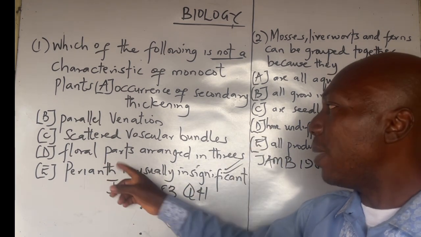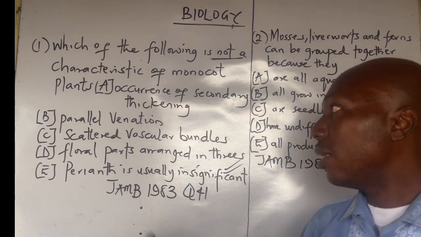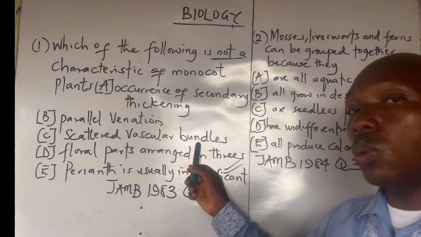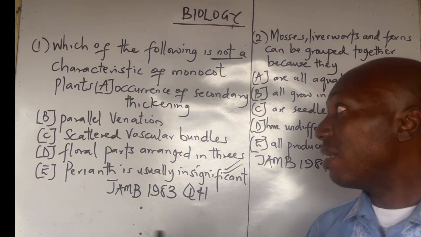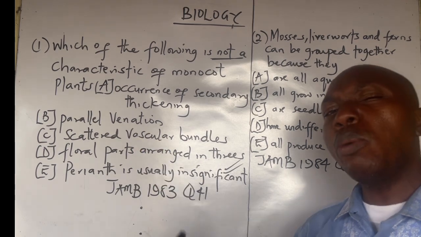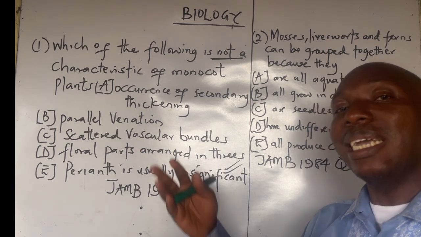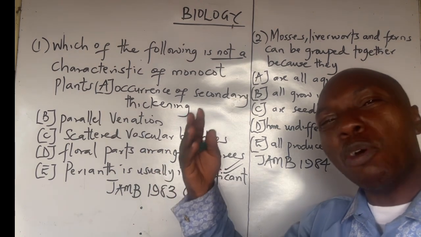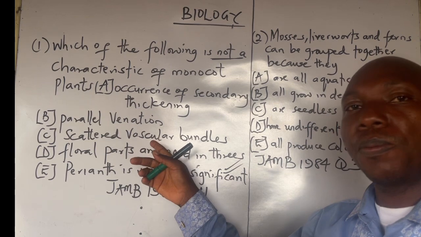Look at floral parts arranged in threes. That is true for monocot plants. Scattered vascular bundles. That is true for monocotyledonous plants, maize and grasses. Parallel venation. When we talk about parallel venation, for example, maize and grasses have parallel venation. On dicotyledonous plants, we have what we call net venation.